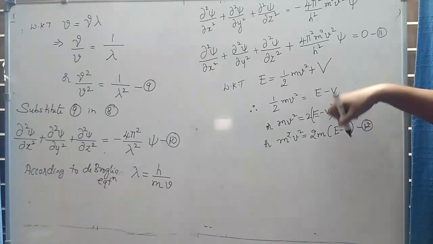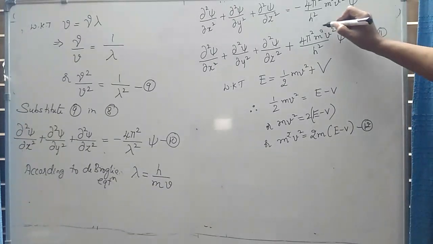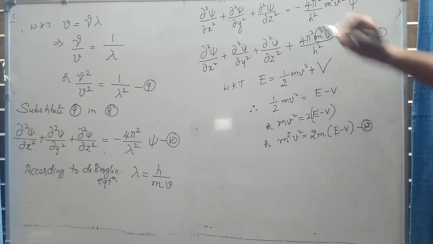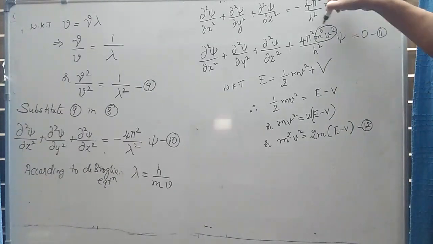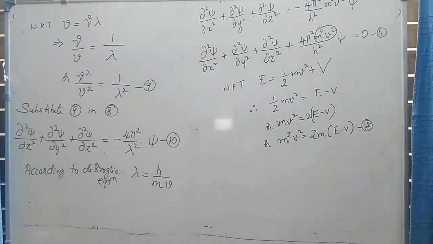Why we have done this exercise is because here I have m square into v square. So we will substitute equation 12 here for m square v square.